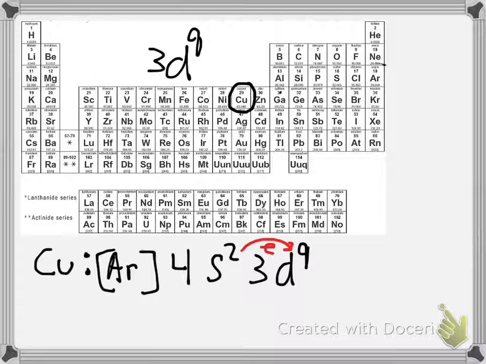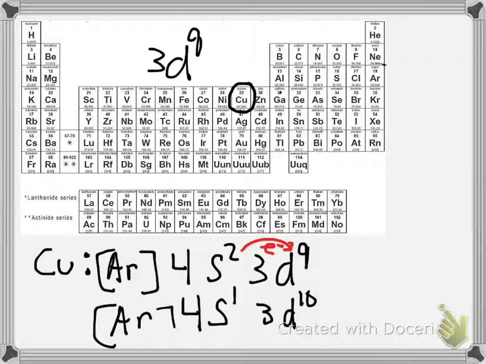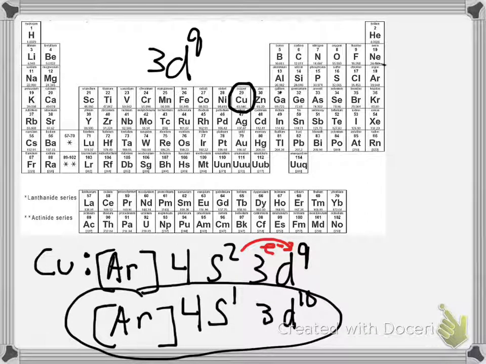So that is going to give us 4s1 3d10, and this would be the correct formula for copper.